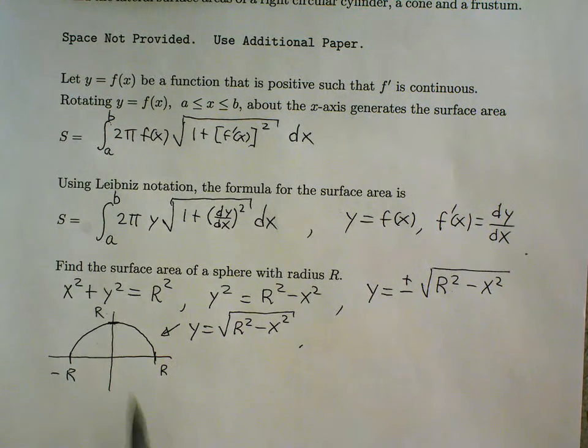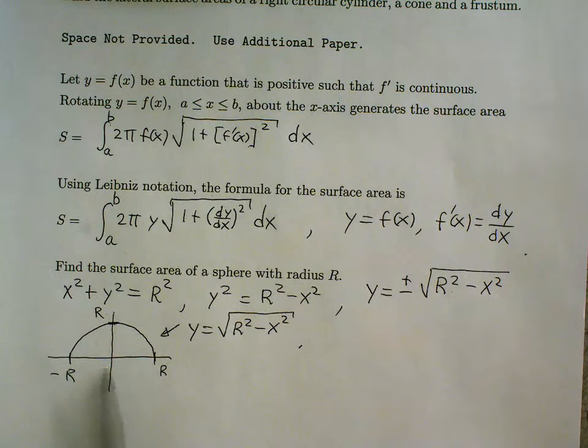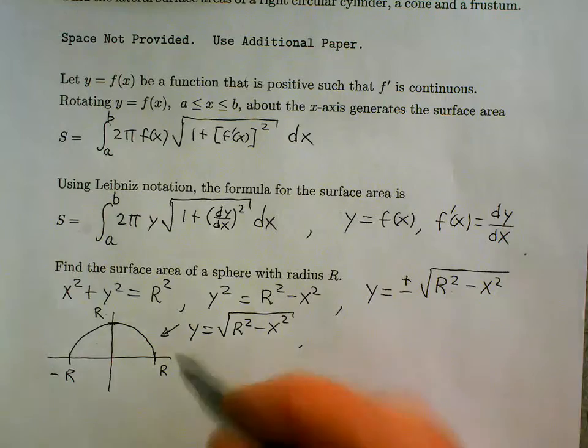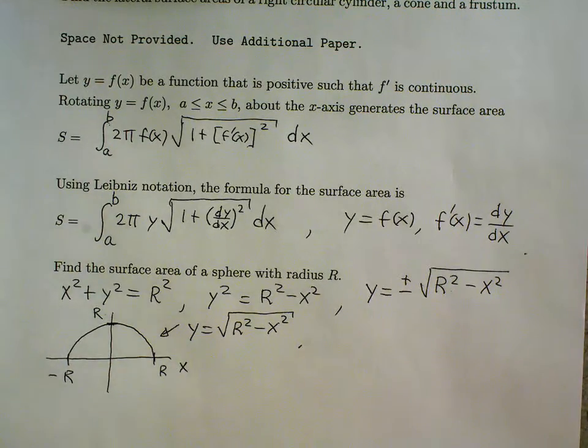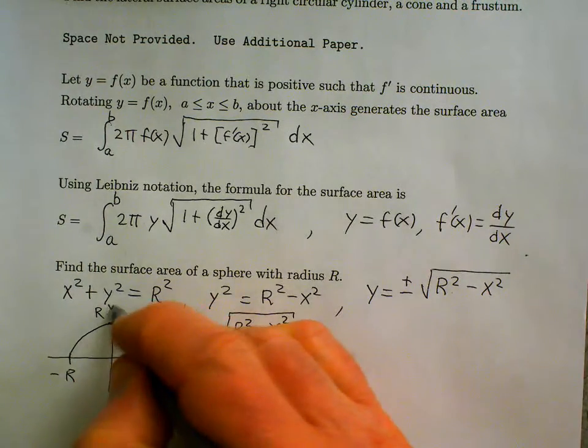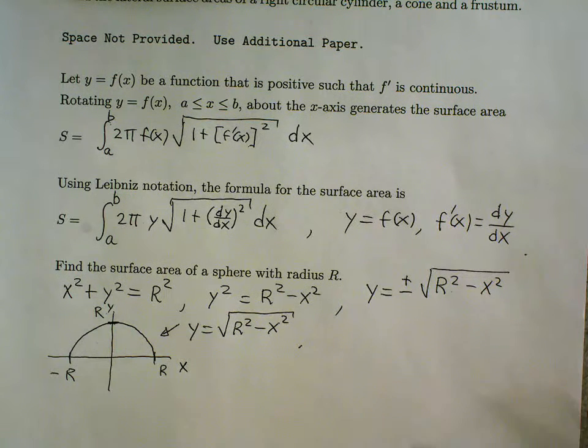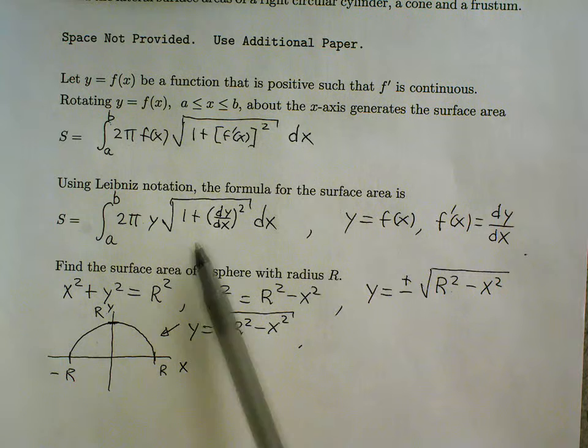If we rotate this half circle about the x-axis, then the solid that's produced is a sphere, and we can use the area of a surface of revolution formula to find the surface area of that sphere.